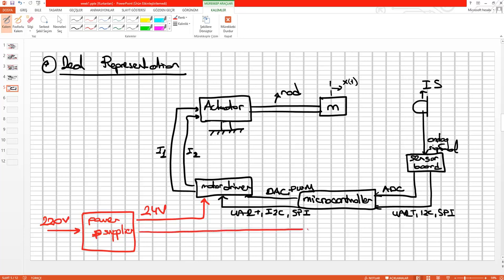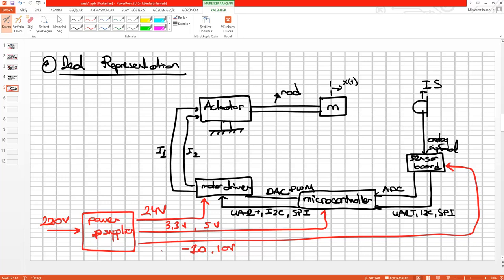And the microcontroller maybe 3.3 volt or 5 volt, which depends on the type of the microcontroller, according to the demand voltage values of these terms. Or this sensor board should be fed with minus 10 to 10 volt or 5 volt, okay?